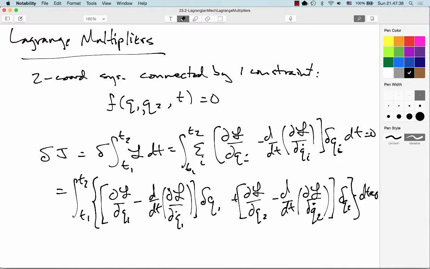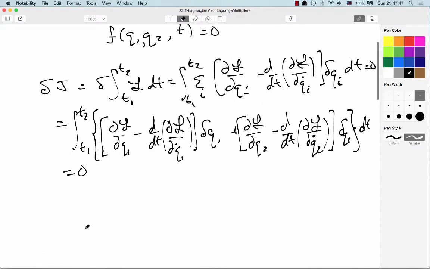And by the least action principle we have to demand that equal 0. All right, that's all well and good.